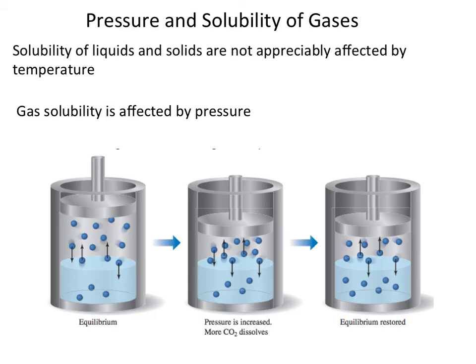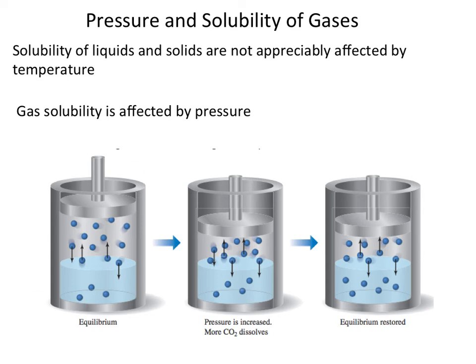So basically what we see here is a situation in which the gas solubility setup is at equilibrium. Particles are exchanging in and out of the solution, but the concentration of the gas dissolved into that solution is constant. The pressure of the gas above the solution is constant, and everything is at equilibrium. Now, when we change this system and decrease the volume and subsequently increase the pressure of that gas above the solution, we disturb this equilibrium.